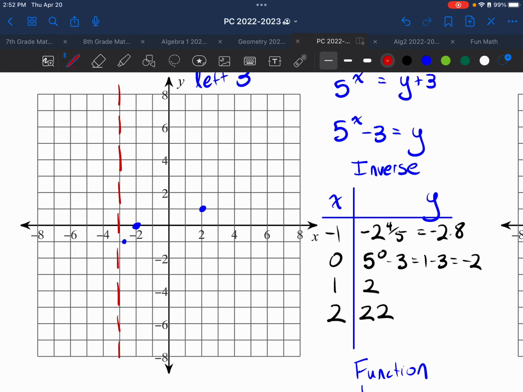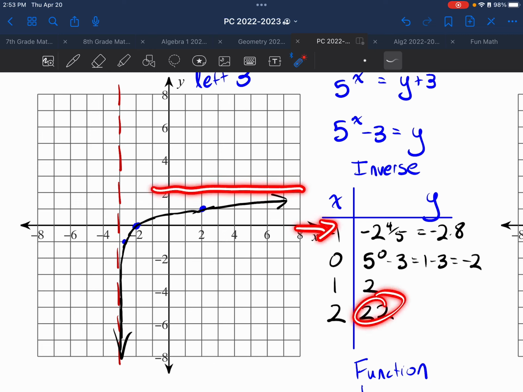The line goes through those points and then comes down and stays on top of the asymptote, and then up here it shoots off forever. I'll eventually hit this height of 2 once I go all the way out to 22.